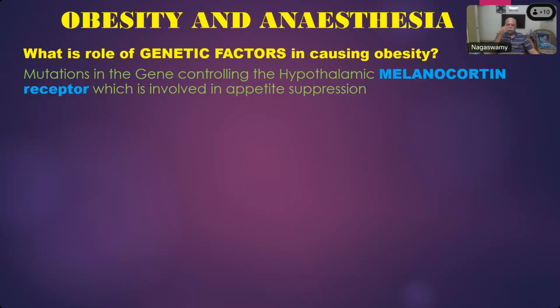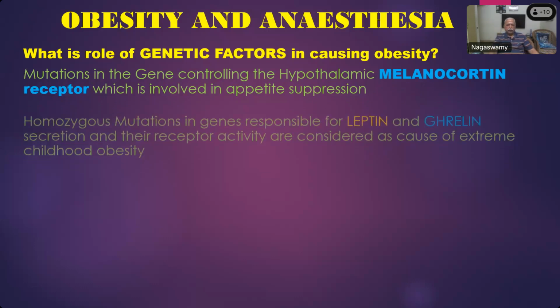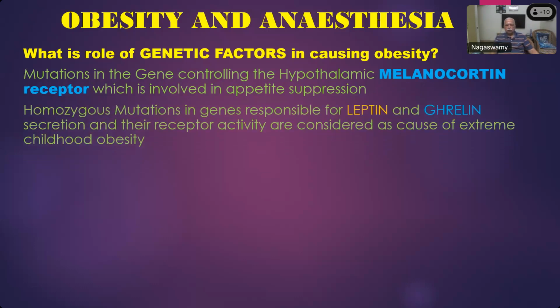So this melanocortin receptor is involved in appetite suppression, and if that gene is mutated, that suppression does not happen. So the person goes on feeling hungry all the time and keeps on eating. That is the reason for eating more and more.